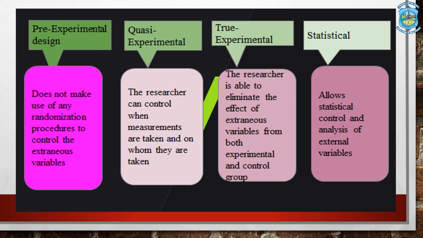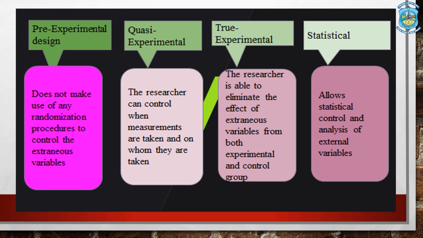Quasi-experimental, the researcher can control when measurements are taken and on whom they are taken. And true experimental, the researcher is able to eliminate the effect of extraneous variables from both experimental and control group. And statistical allows statistical control and analysis of external variables.